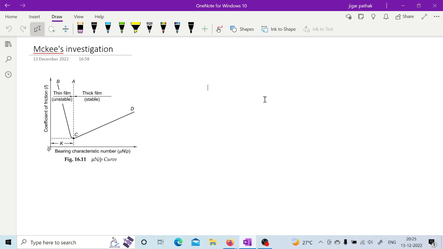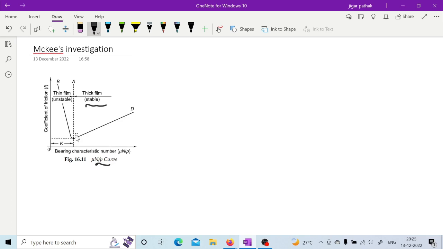As you can see in the figure, this is the curve of mu n by P against the coefficient of friction. At the beginning there is metal to metal contact. Somewhere in this thin film region there exists some metal to metal contact, but when we go into this thick film region or stable region, this metal to metal contact can be avoided.